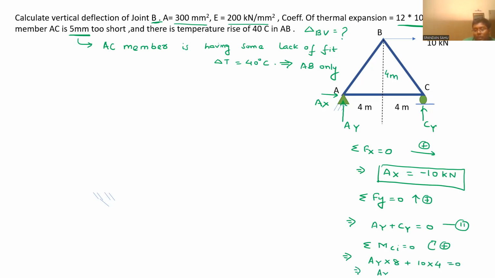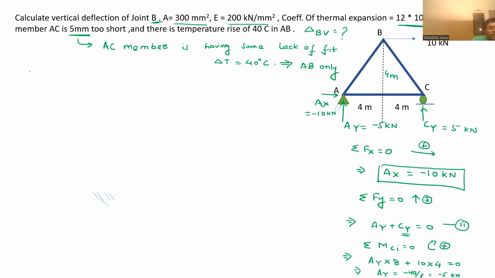So from here we are getting Ay as minus 40 by 8 or minus 5 kilonewton. So obviously when we put Ay as minus 5, you will get Cy to be 5 so that the forces along vertical direction is 0, and Ax is minus 10 kilonewton.